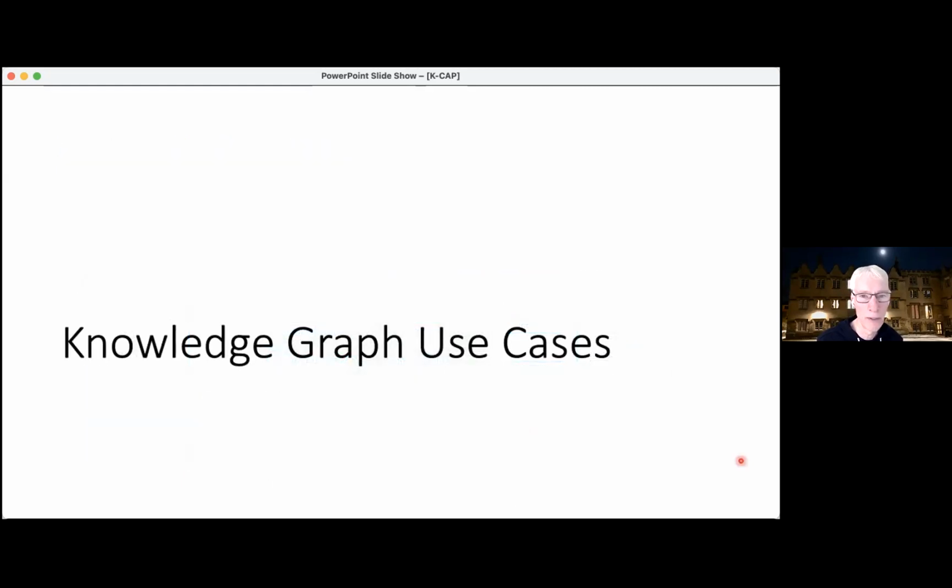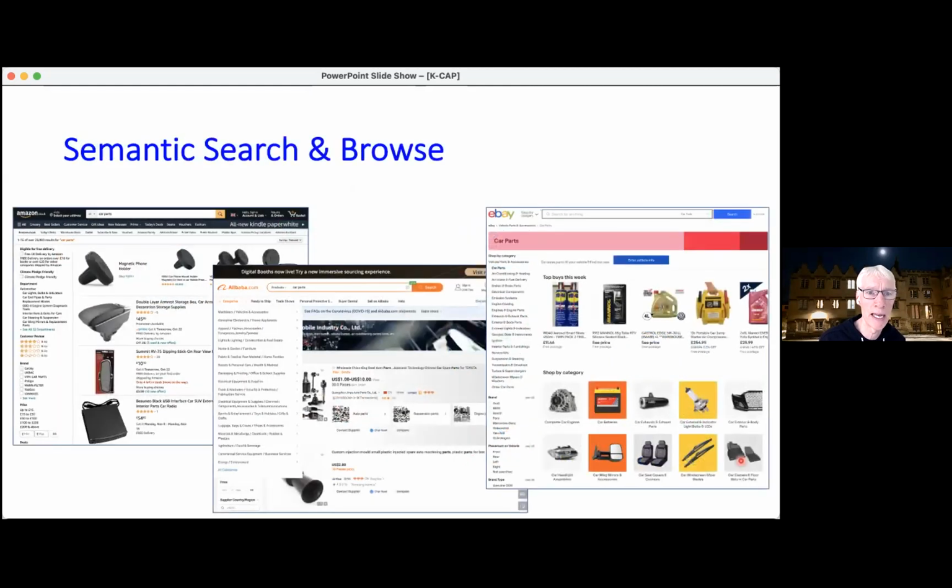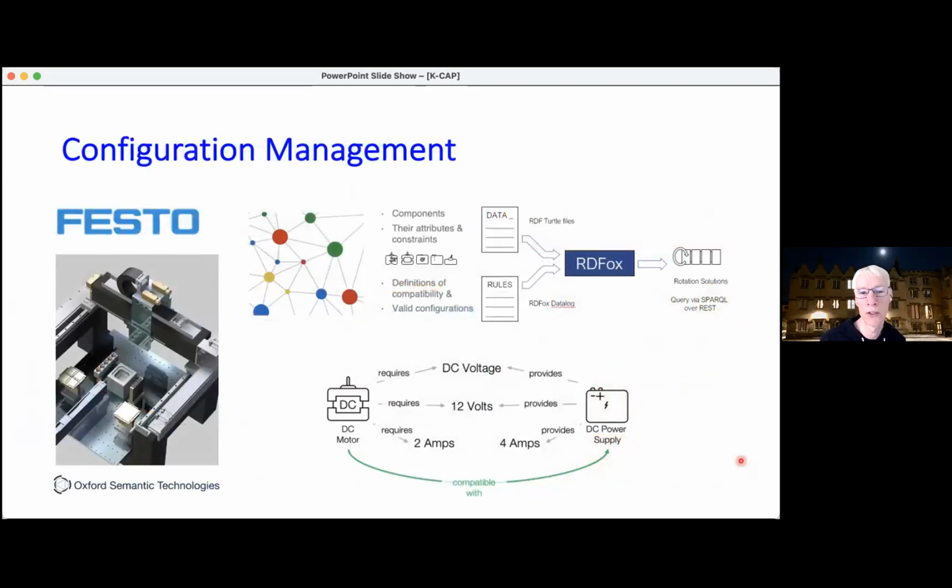And just before I finish, because I think I'm running out of time now, I'm just going to mention a couple of use cases, or even really just one interesting use case. Obviously there are all the web-based use cases like open Q&A and semantic search and browse, but I wanted to come back to an industry use case.